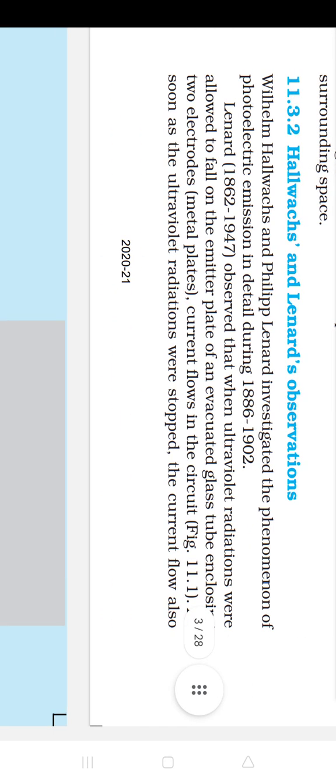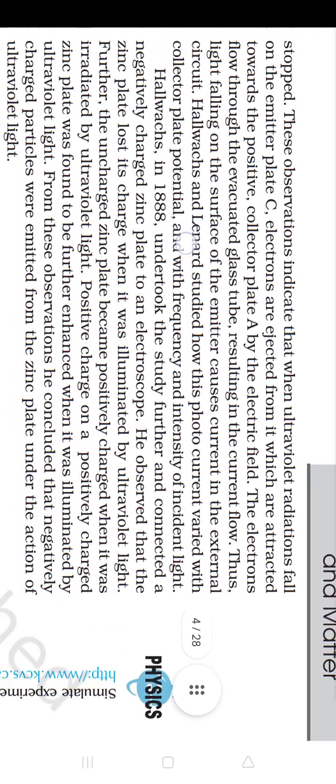Wilhelm Hallwachs and Philip Lenard investigated the phenomena of photoelectric emission in detail during 1886 to 1902. Lenard observed that when ultraviolet radiations were allowed to fall on the emitter plate of an evacuated glass tube enclosing two electrodes, current flows in the circuit. As soon as the ultraviolet radiations were stopped, the current flow also stopped.